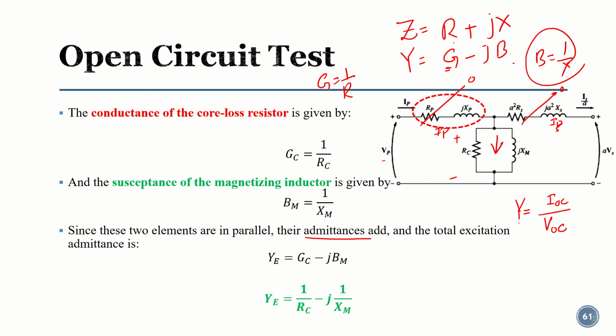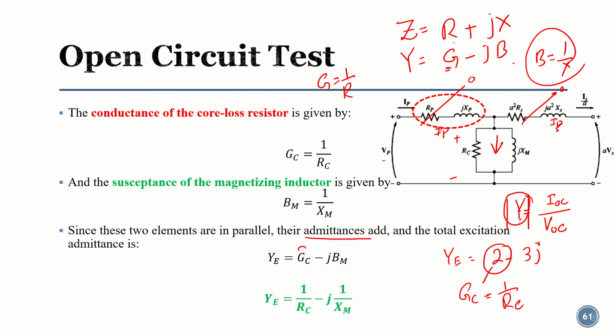So from the open circuit current and voltage, we can calculate the admittance of the circuit. Okay, and once we know the admittance value, for example, the admittance value is coming as 2 minus 3j. So this real part is basically representing the conductance, which is actually 1 over RC.